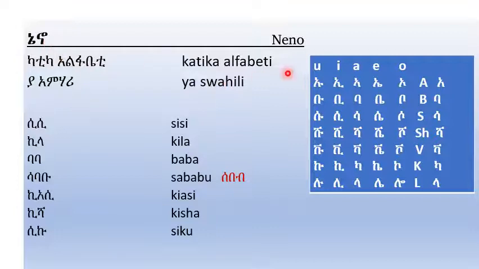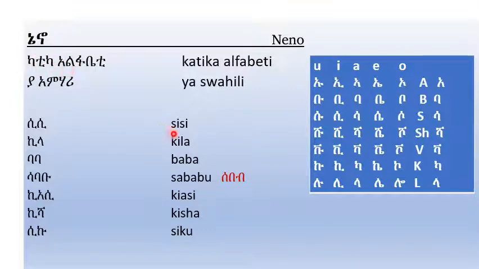Neno. Katika alfabeti ya Amharic. When you look at it, it looks difficult, but it is not. Look, for example, our ka. Remember, this is ka. Another ka here. We didn't learn this one. Here is a.